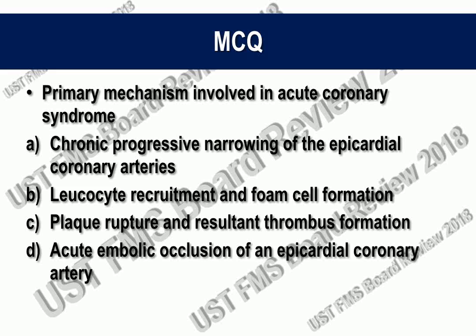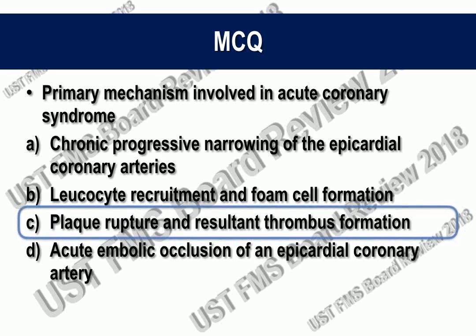So multiple choice. The primary mechanism involved in acute coronary syndrome. Is it the chronic progressive narrowing of the epicardial coronary arteries, leukocyte recruitment and foam cell formation, plaque rupture and resultant thrombus formation, or an acute embolic occlusion of the epicardial coronary artery?